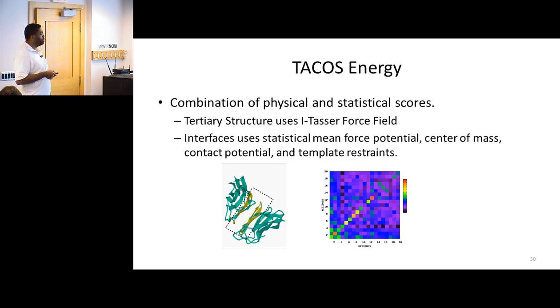We do this with different sets of criteria, and we generate several of these types of heat maps that we use to guide the simulation. The higher the value, the more often we see this pair in close contact in the PDB, so we use that information to fold our model. And then we also take the template restraints from our alignment to further guide the model.